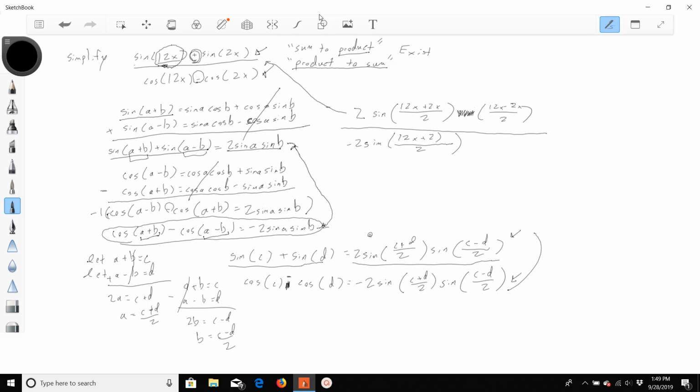I'm sorry. This should be cosine. Right here, when I added them, I had sine A cosine B plus sine A cosine B, and I made it 2 sine A sine B. Should have been 2 sine A cosine B. Oh, what a ding dong. So this should have been cosine.